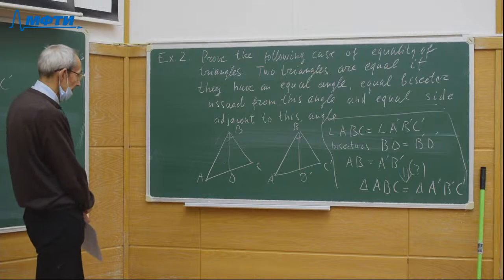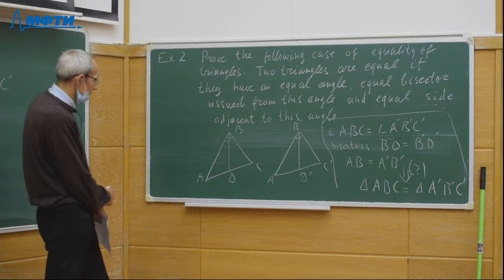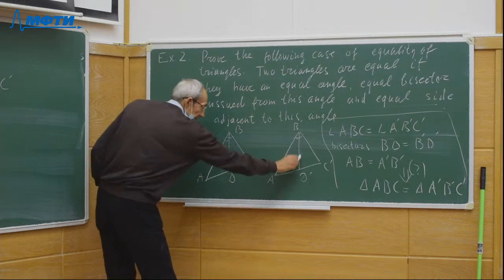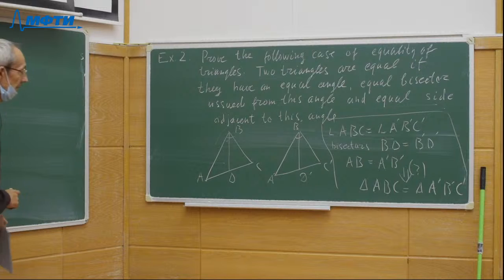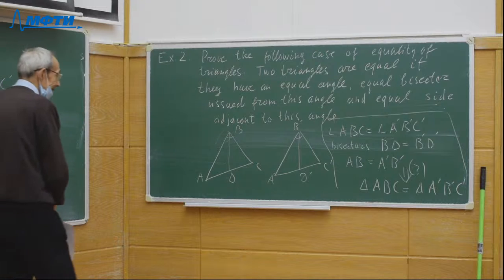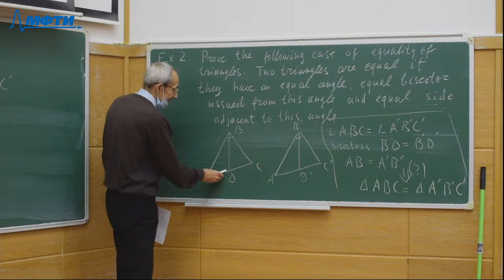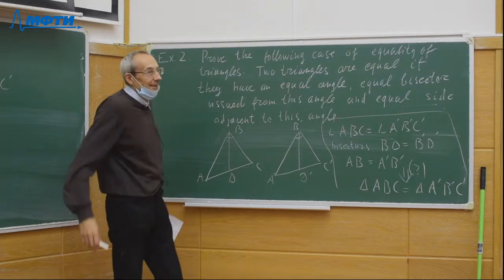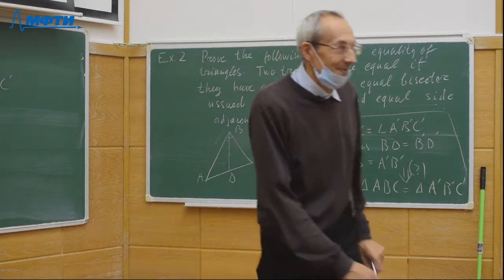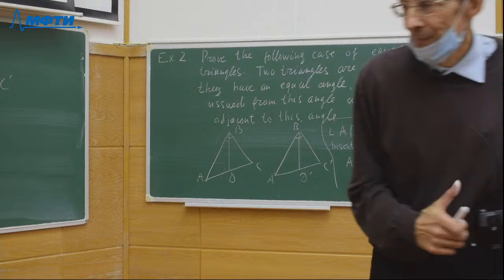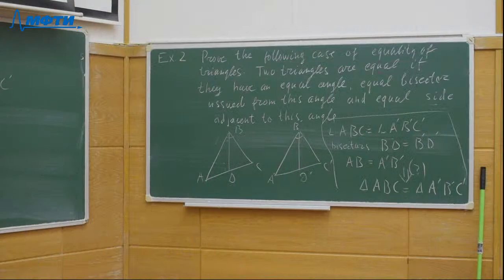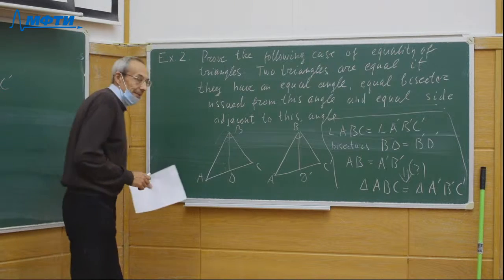So we have equal triangles. The angle A equals angle A prime. And we have already B. Exactly. Yes, it's a simple exercise.